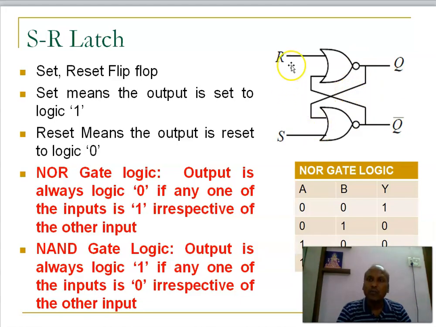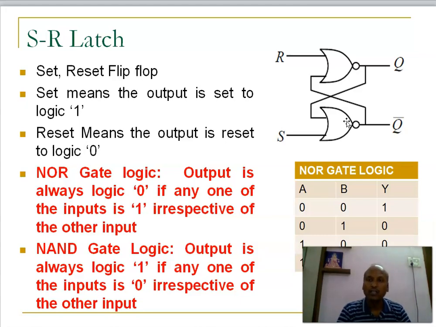Now, the Q complement is fed back to the upper NOR gate and the Q is fed back to the lower NOR gate. So this is set and this is reset. That is why this is called an SR latch, set-reset latch. It works on the principle of NOR gate logic.